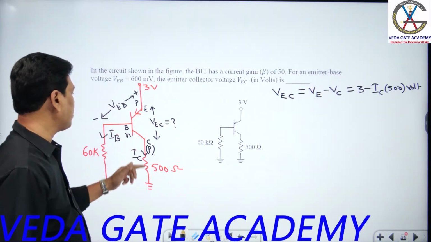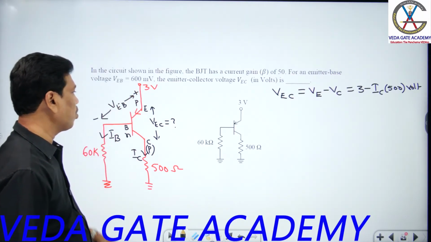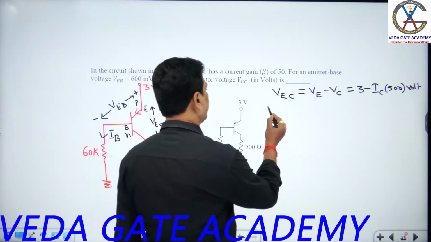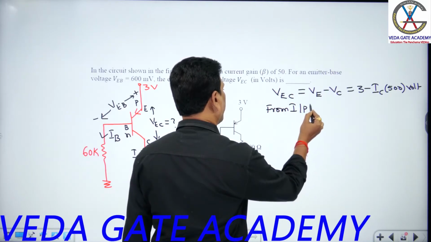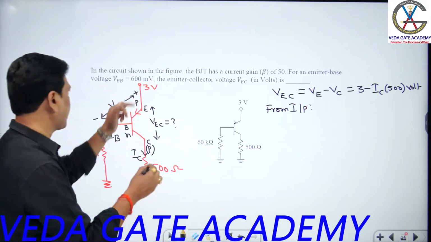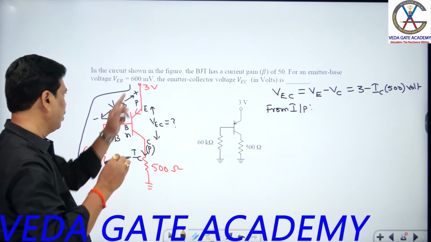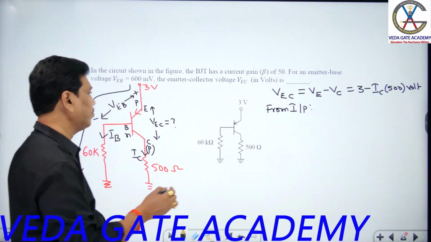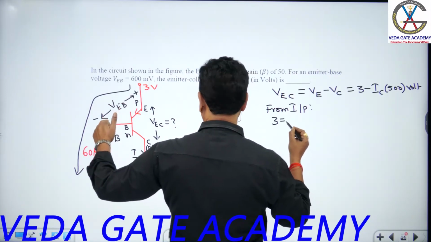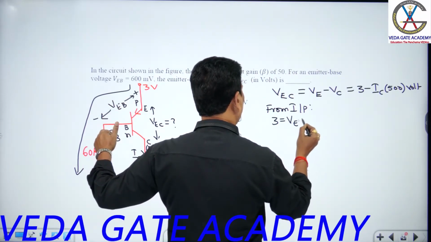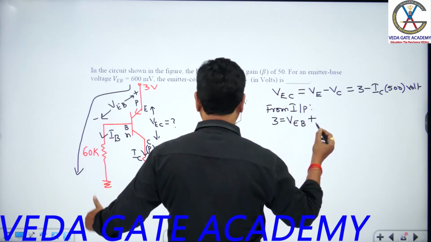So how to calculate IB? From the input bias circuit I can calculate, students. So now I can go for the input. From the input I can apply KVL, students, like this. In this order I can go: 3 equals VEB plus IB into 60K.